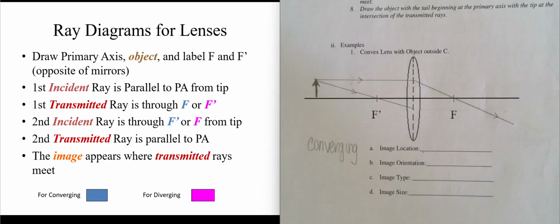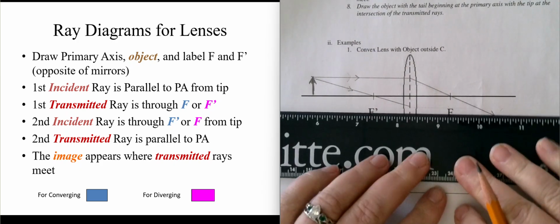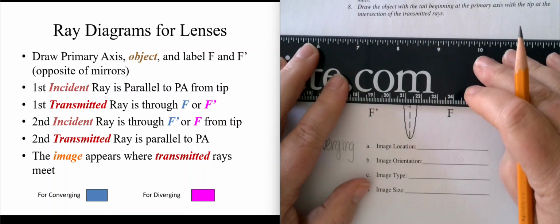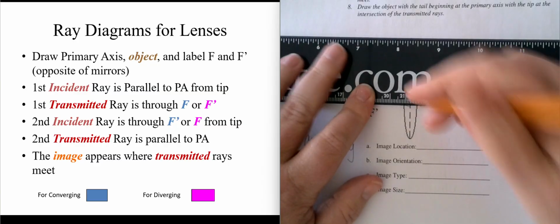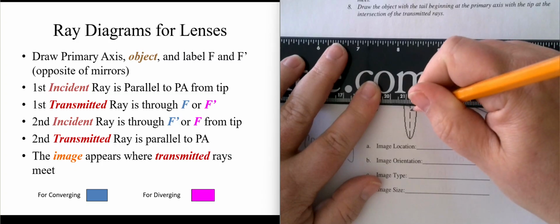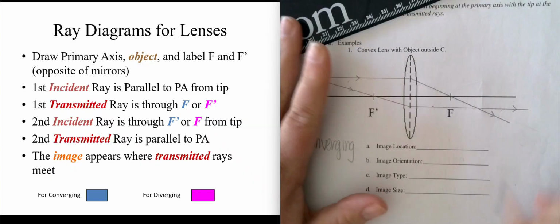It's an incident ray, so we have it going in, and where it enters diagonally, it's going to exit horizontally, and we've got it right about here. It's going to continue on.